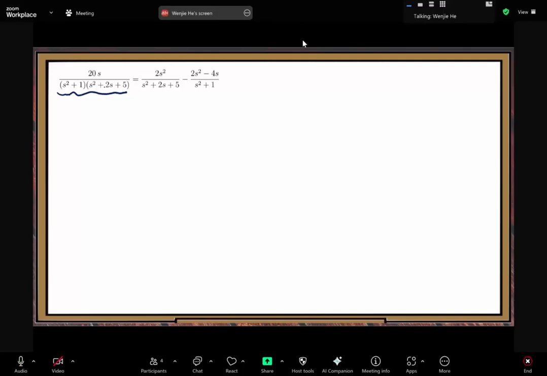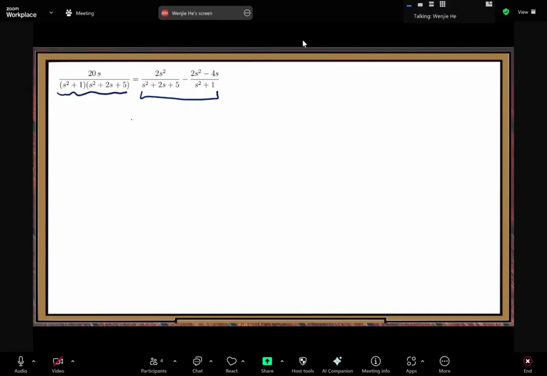Using the split from the previous slide, we just do a little more work. After you get this one, because of the square, same degree, we can do more simplification. Let me just do the more simplification.